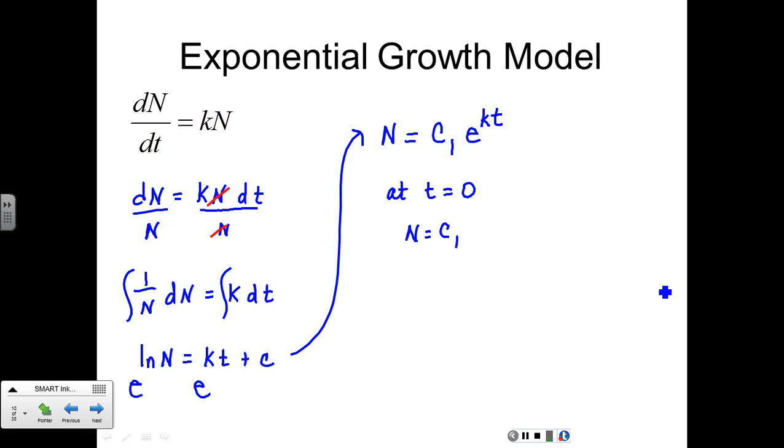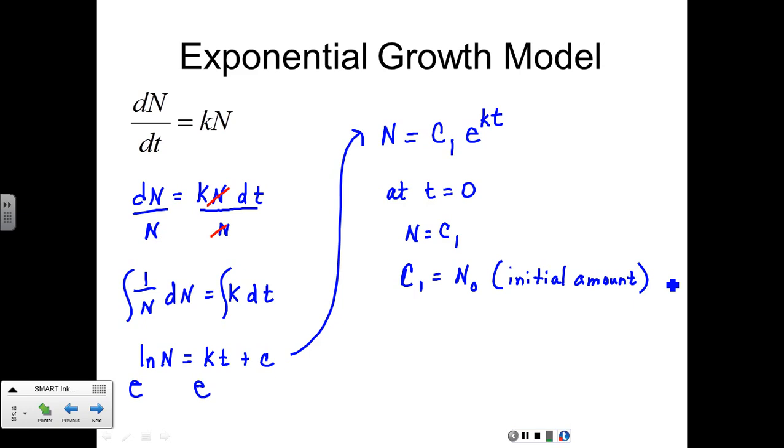That would be my initial amount, how much you start off with, your initial population. If I put 12 rabbits in a cage together, my N sub 0 would be 12.